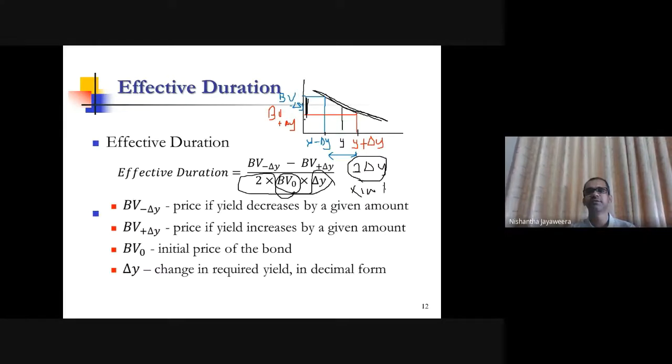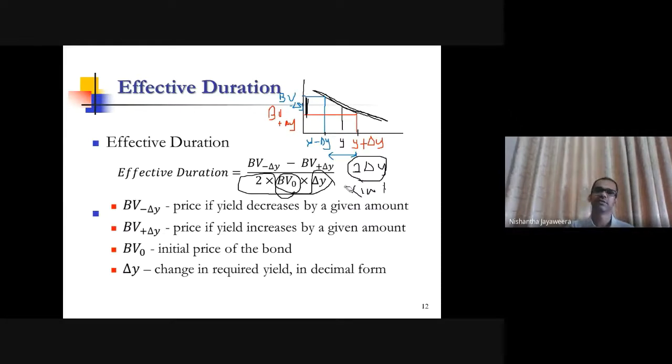BV minus delta y is the big figure, BV plus delta y is the small figure, so we calculate the difference. You can take the difference the other way around as well, then you will definitely get the negative sign, which is more appropriate in a way. We do this for a given change in yield: what is the price change, and for one unit of yield change, what is the price change as a percentage of the existing price?